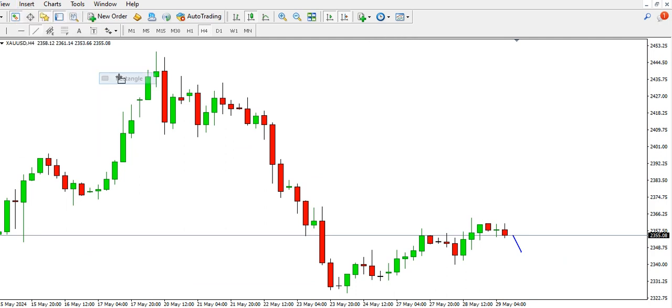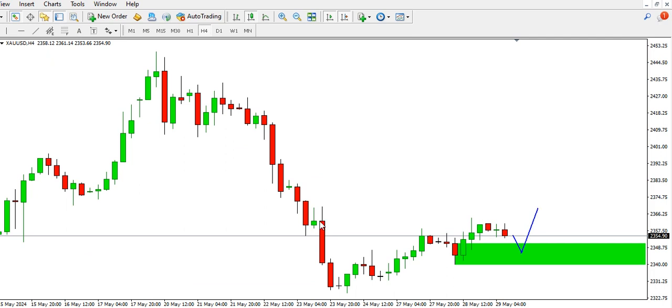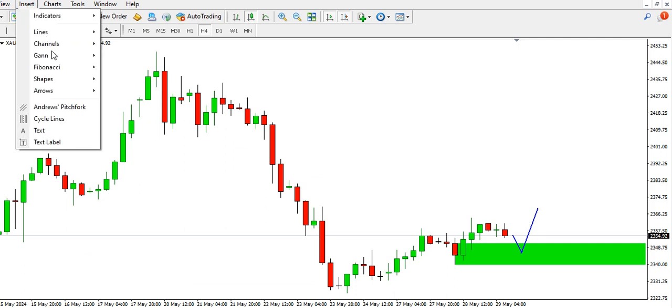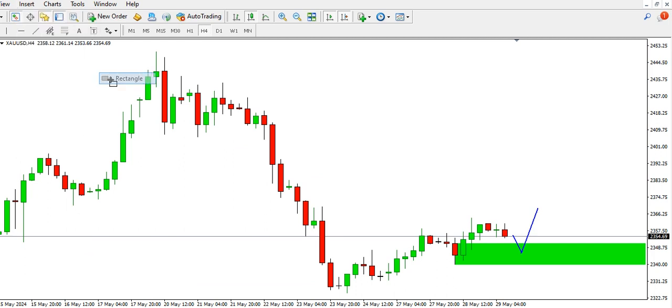Price might drop to find support at this order block, and price will likely break this particular resistance area, which is reacting to this order block.